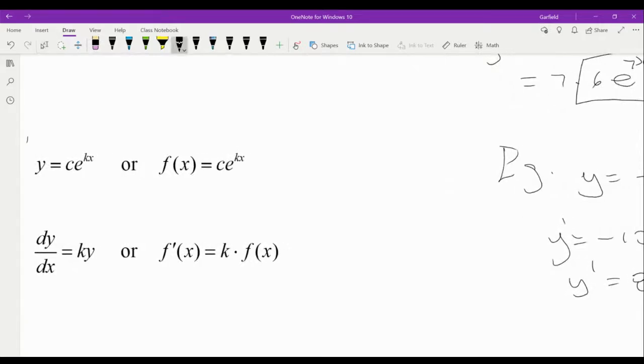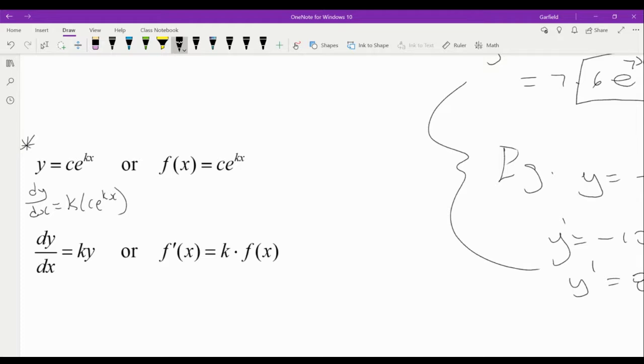If we have a function y is equal to c, some constant, times e to the kx, then the derivative dy/dx is k times the original function, which is c e to the kx, just like the two problems we did.